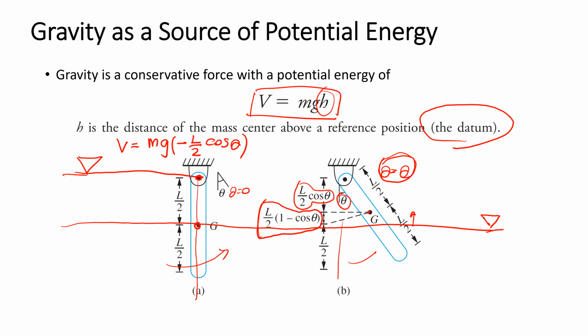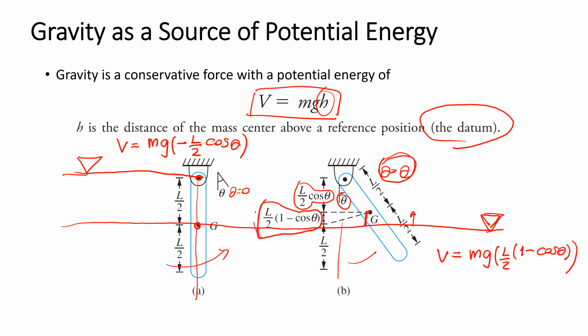And if you set the datum point here, the gravitational potential energy gonna be mg, and the h gonna be L/2 of 1 minus cosine theta. Gonna be this distance.